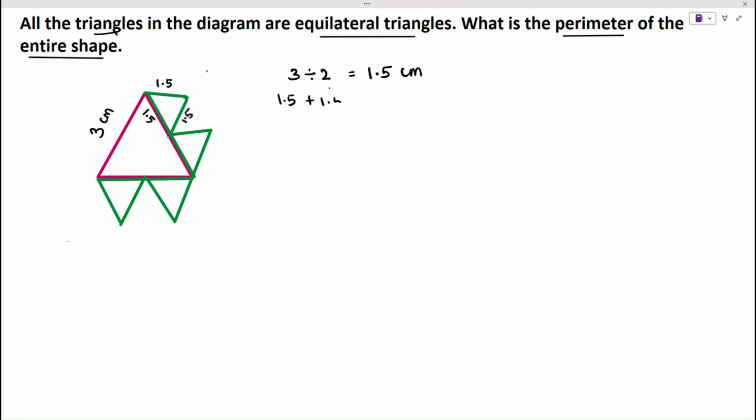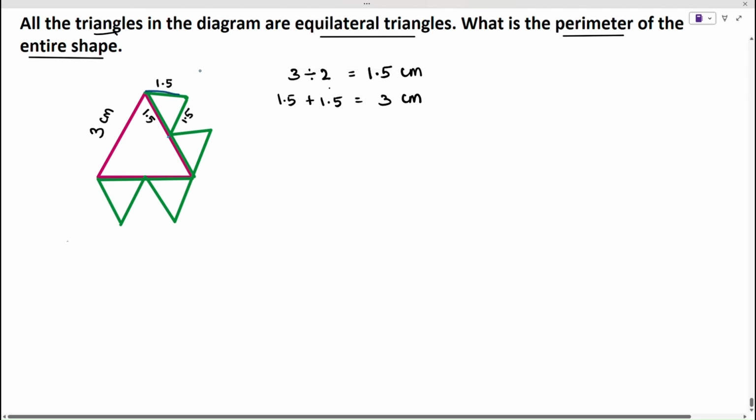And now, let's find each set of 2 sides that are exposed. So, our first set of 2 sides that are exposed is on our first smaller equilateral triangle, as you can see here. So this is our first 3.